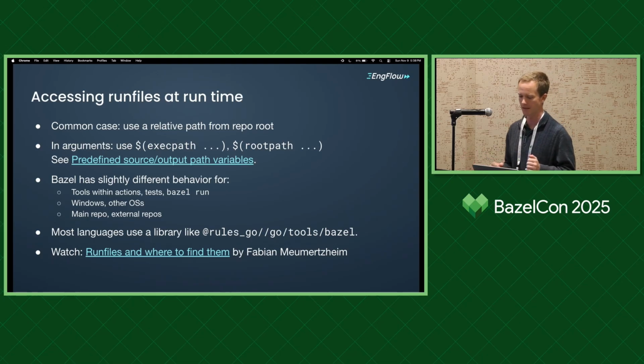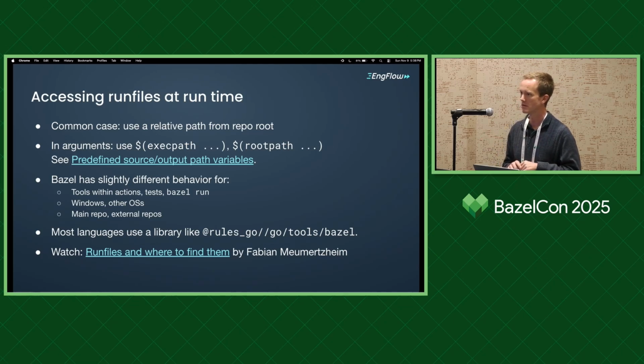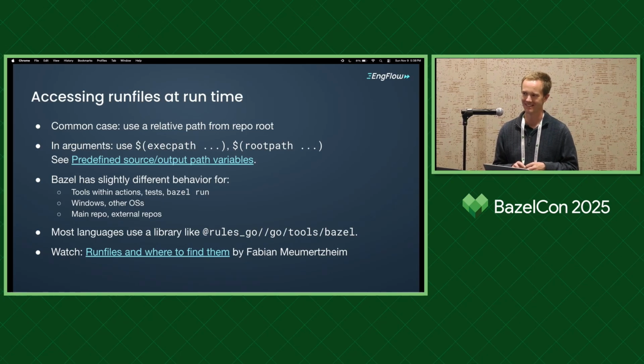I believe now the recommended way is execpath and rootpath, though I'll confess I don't quite know how that's different. To actually pass a path to a runfiles library, it's rlocationpath. You want to get the key you pass into the runfiles library, and use rlocationpath to get that.